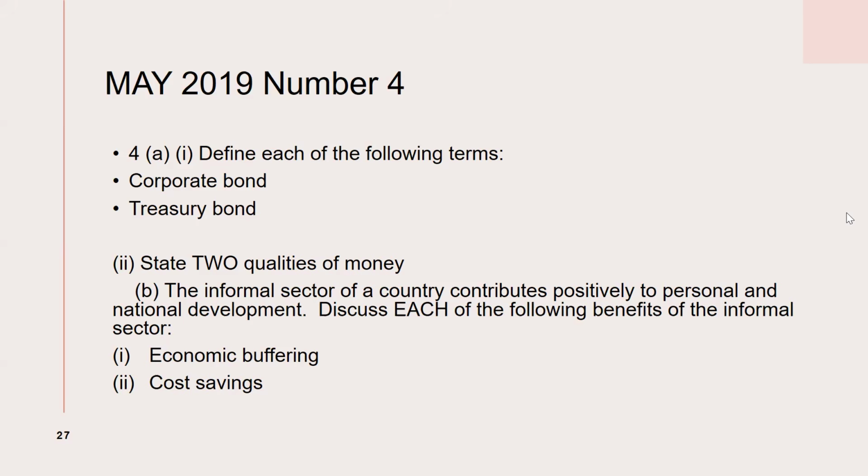Now, when it comes to cost savings, when you are operating in the informal sector, a few things happen. One, you have less regulatory costs because you're not a registered business, so you don't have to pay those fees. Two, you don't pay taxes, so you're able to avoid paying a tax.